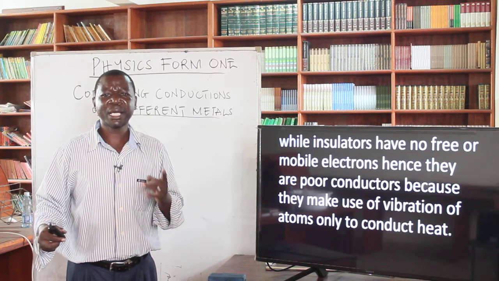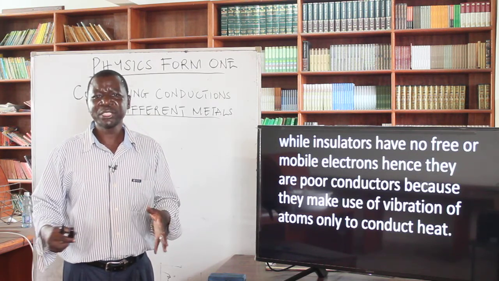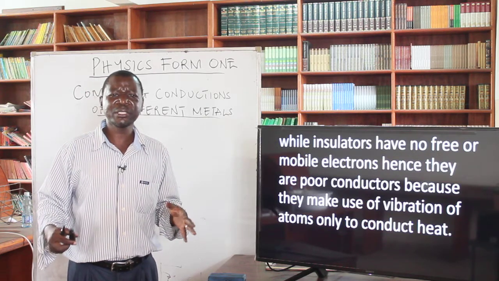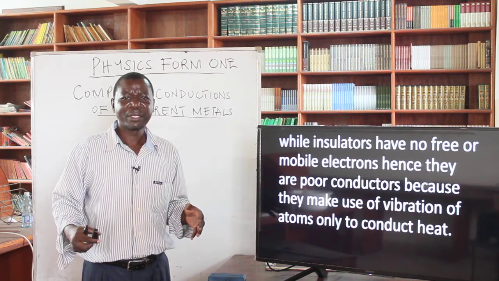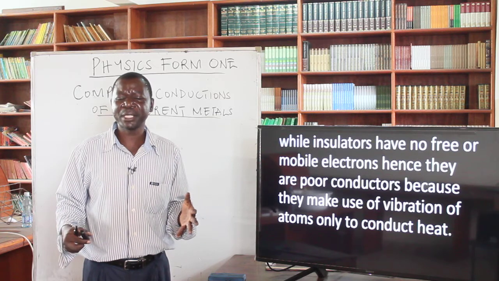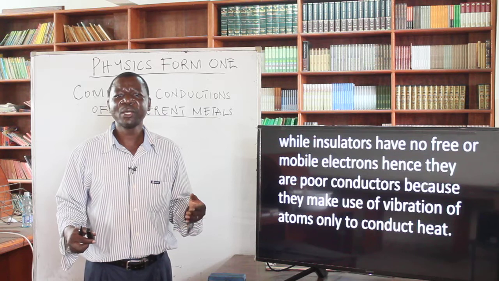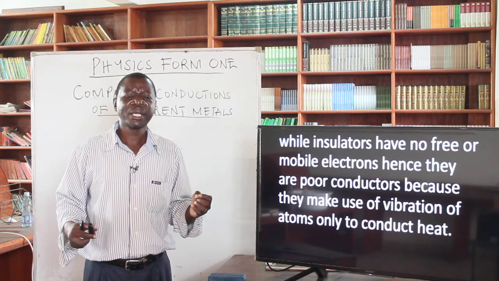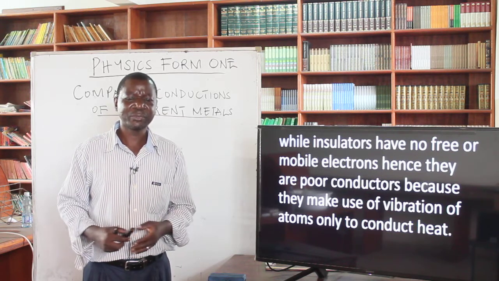And remember that as they transfer heat by vibration of the atoms, that is the slowest method. It is slower than the method of free electrons. So the conduction of heat in nonmetals will not be very effective because of the way they conduct heat by vibration of the atoms.